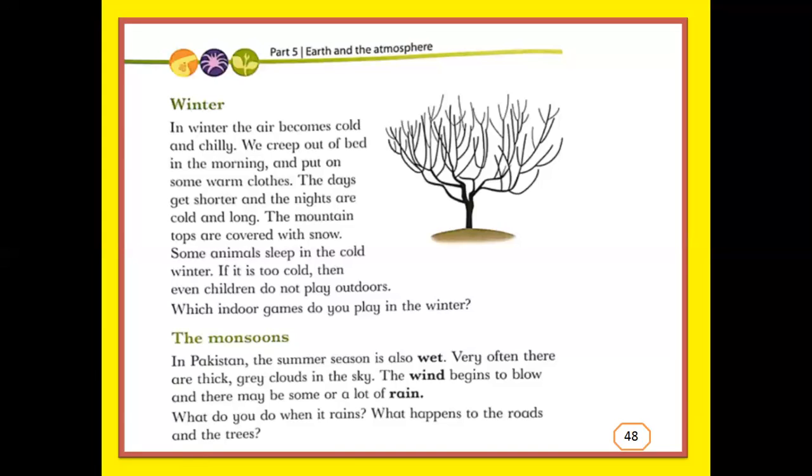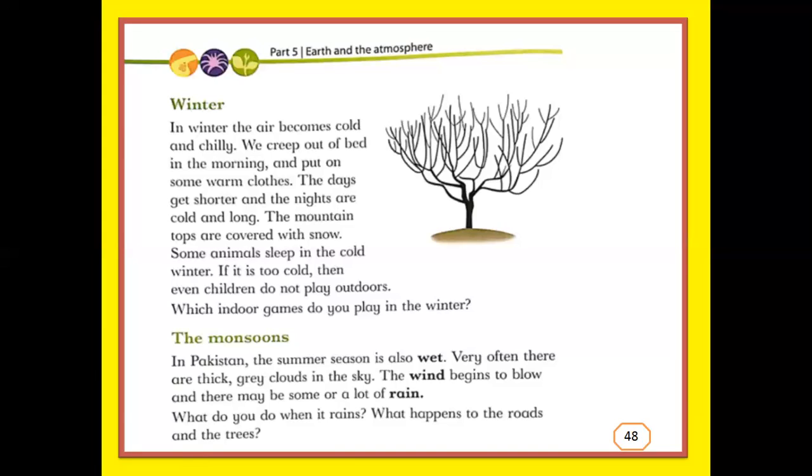And what happens after this season? After this season will come winter. And what happens in the winter? In the winter there is too much cold, and you can see snow on the top of the mountains. All mountains are covered with snow, but in Saudi Arabia, you can't see snow.